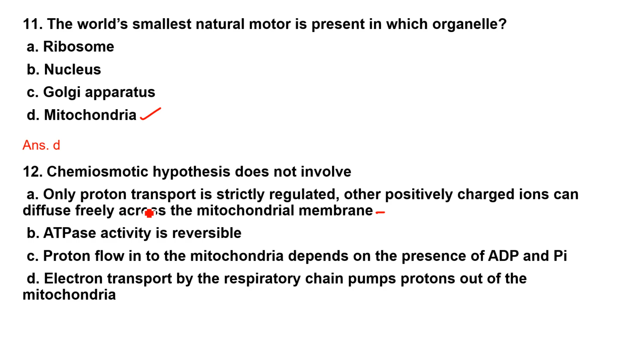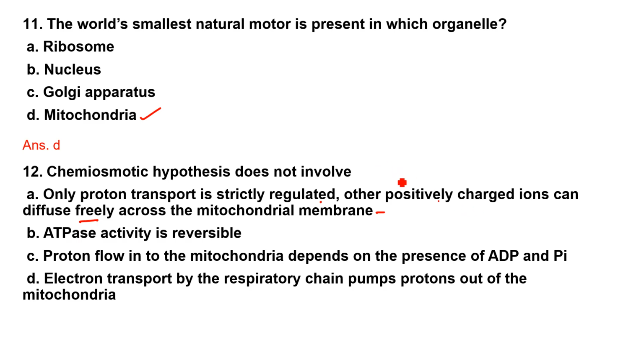You see, only proton transport is strictly regulated. Other positively charged ions can diffuse freely. The very first point that I mentioned in the slide is that the inner membrane very tightly regulates the movement of small molecules and ions, because it has to maintain this proton gradient.